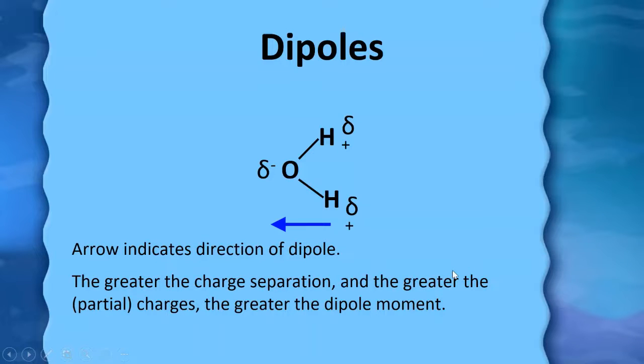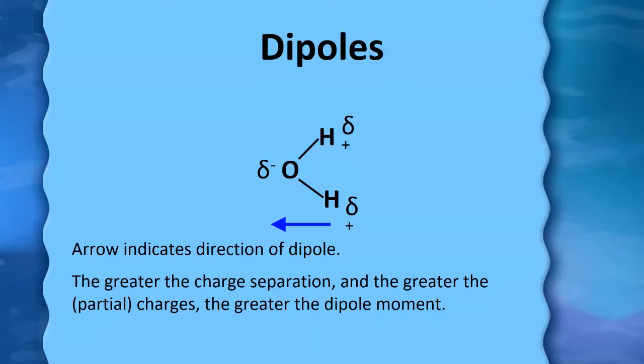So when we talk about a polar molecule, we are talking about a molecule with an overall dipole moment. And the dipole moment is that lopsided distribution of electrons. In order to show that on paper, we draw an arrow. The arrow points towards the negative side of the dipole and kind of shows the direction that the electrons are favoring.